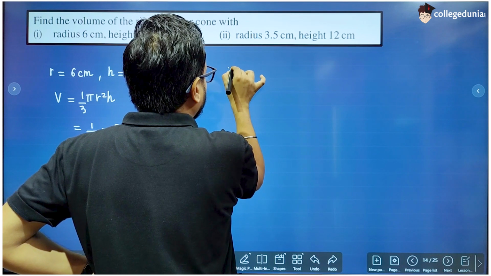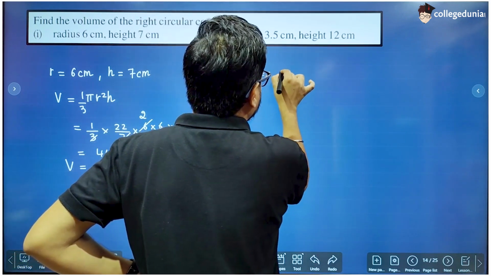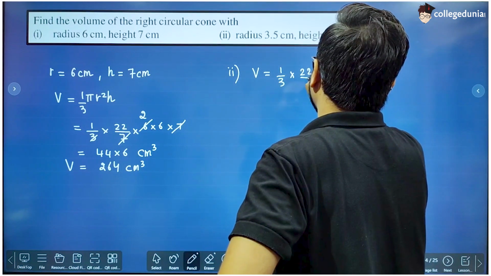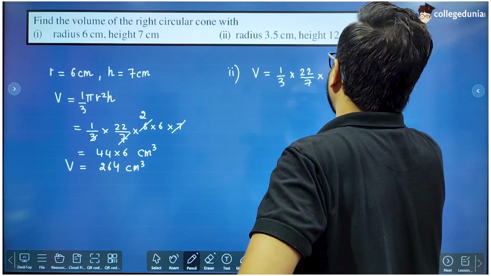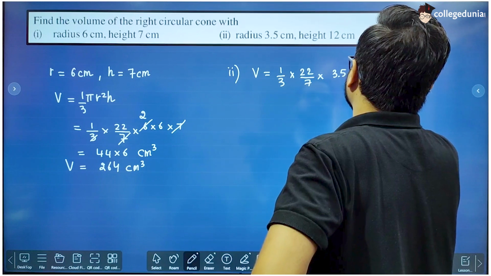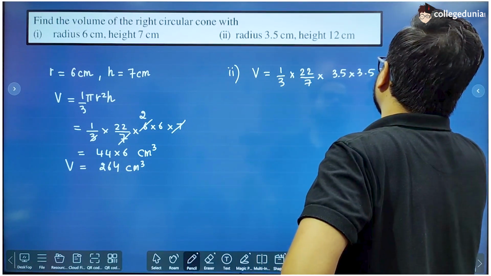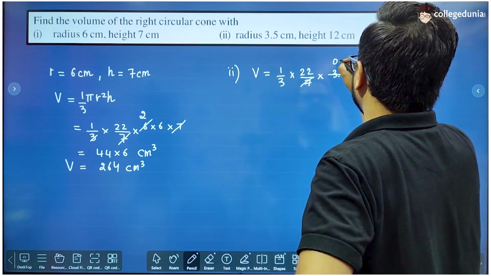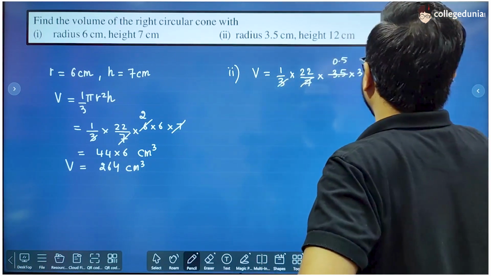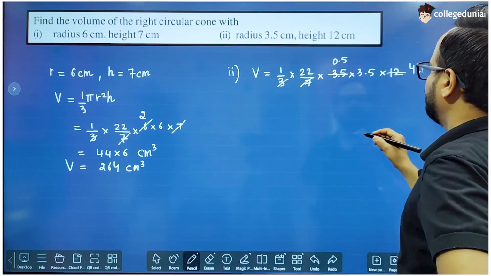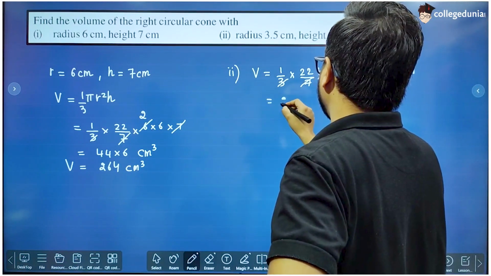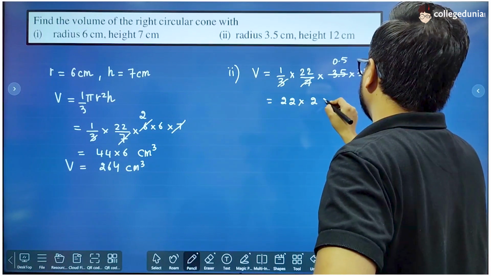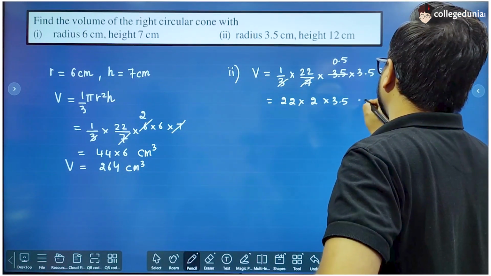Here the volume is 1 upon 3 pi r square into h. So this is 0.5 and this is 4. So 22 into 0.5 into 4 is 2 into 3.5.